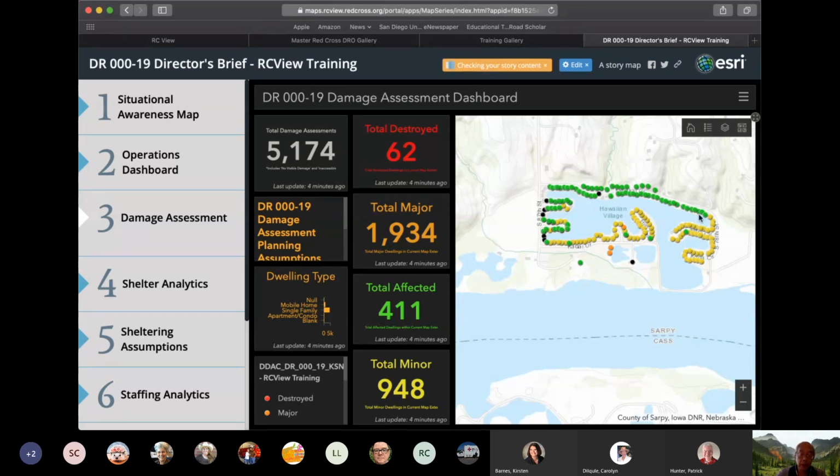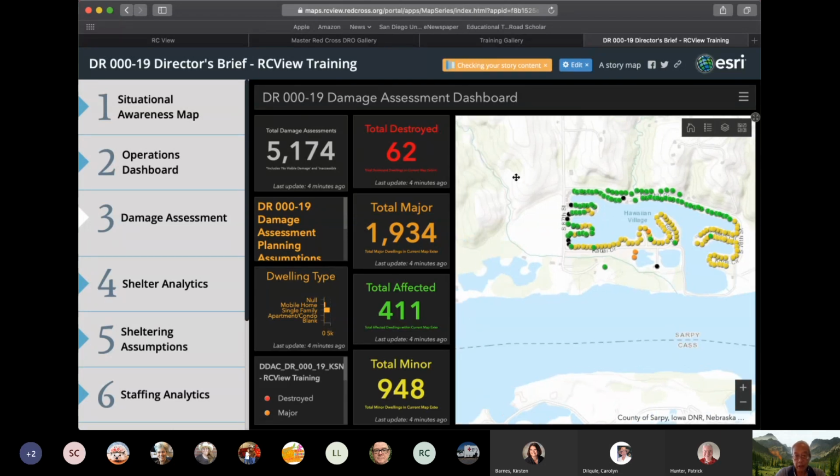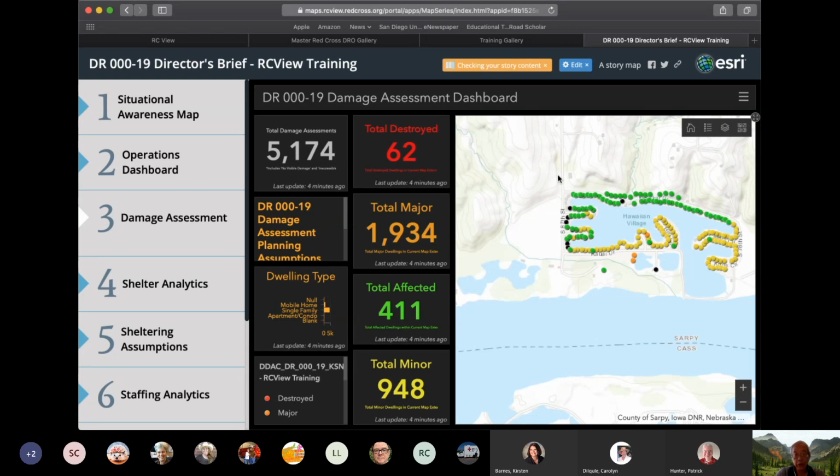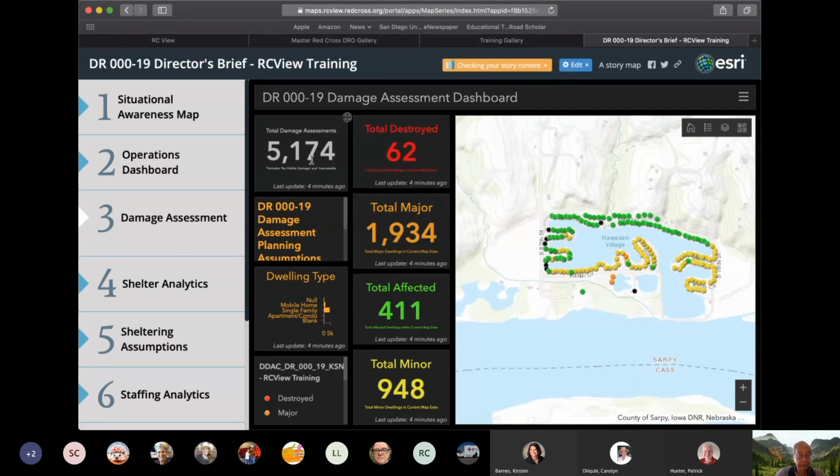Now they need feeding. So it looks like a cluster of homes in this Hawaiian Village, and I would definitely think about setting up a routing of feeding and bulk distribution into this area right in here, because that's kind of a possible theory that these folks would probably be the ones returning home. Okay.